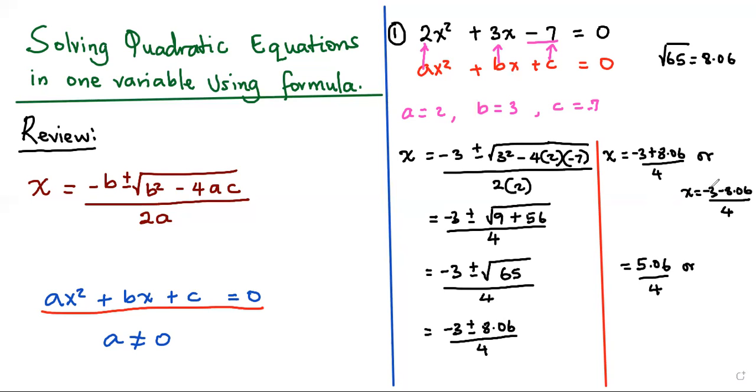And minus 3 minus 8.06 will give us minus 11.06 divided by 4.